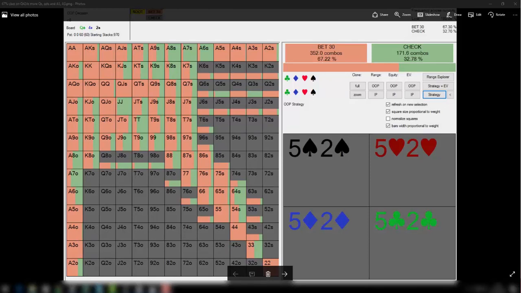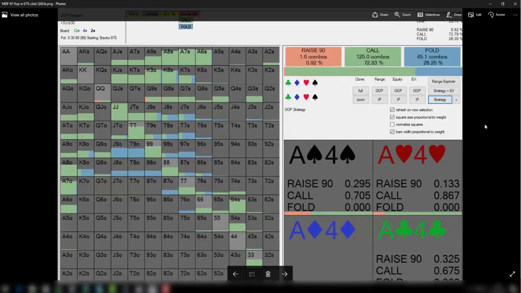So what happens to the check-fold range on the flop after c-betting with this range? We can see that it's gone down from 30% to 26%, so the small blind has to defend more often if he c-bets that slightly higher c-bet range and slightly value-heavy c-bet range.